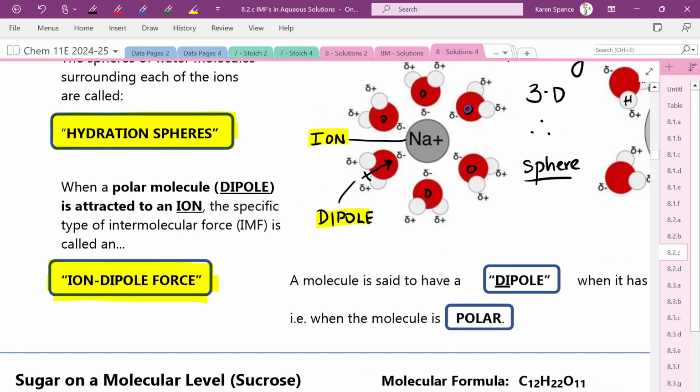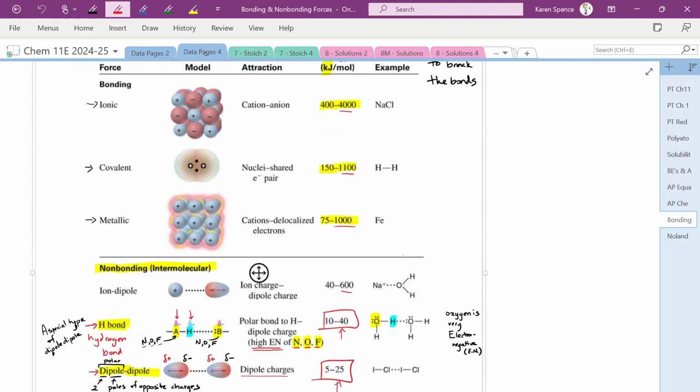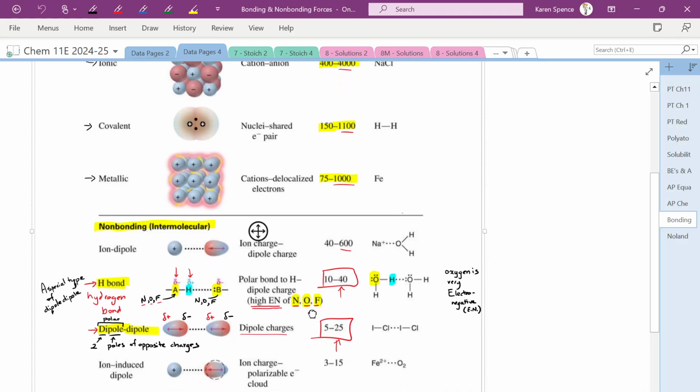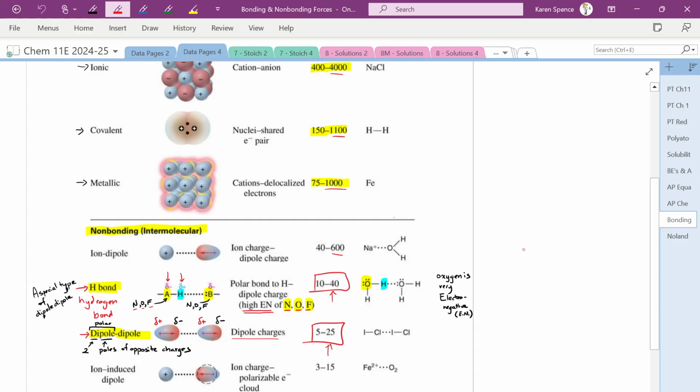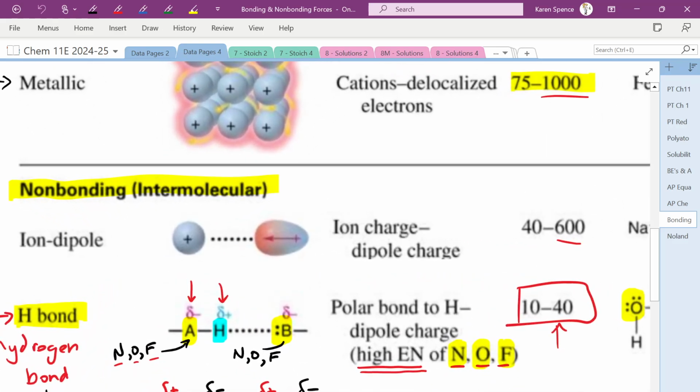And make sure you have your little data page out where we are over here. Okay, we're going to take a look at our ion-dipole force. These are non-bonding intermolecular forces. So down on the bottom half of the page are your IMFs. And the very tippy top of the IMFs is the ion-dipole. That means it is the strongest of the intermolecular forces.